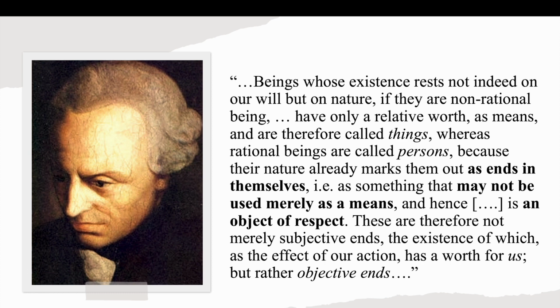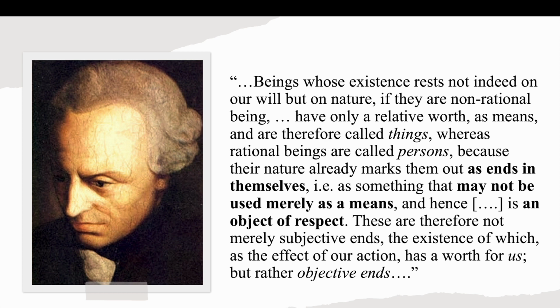Kant, in different places in the Groundwork, formulates the categorical imperative differently. By that, we just mean he's trying to get at the same fundamental rule, but he approaches it or puts it in different words in different places. We are going to focus on the second formulation of the categorical imperative.